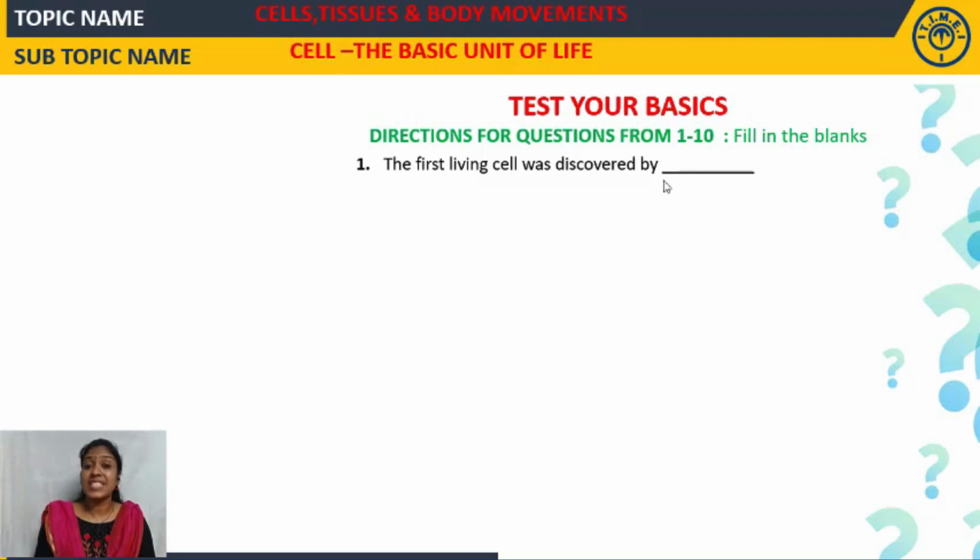Robert Hooke. But Robert Hooke couldn't find any living substances like cytoplasm or nucleus or any other organelles inside the cell. It was Anton van Leeuwenhoek who discovered the living cell, that is a cell with a cytoplasm and nucleus.